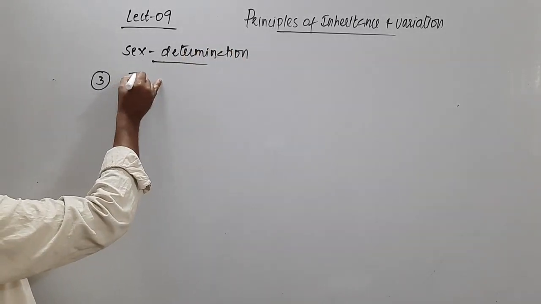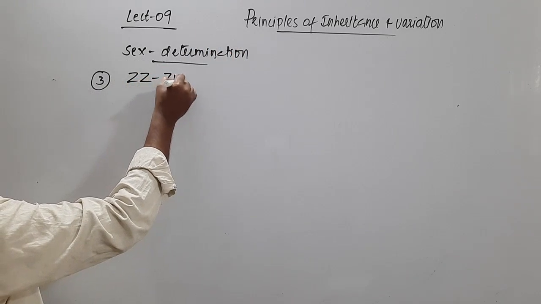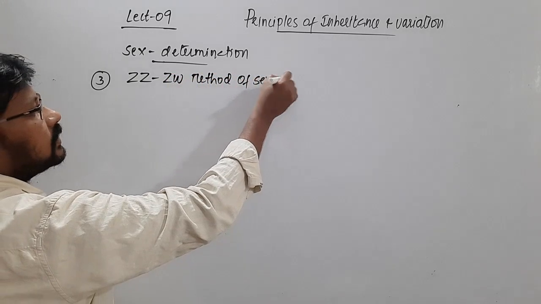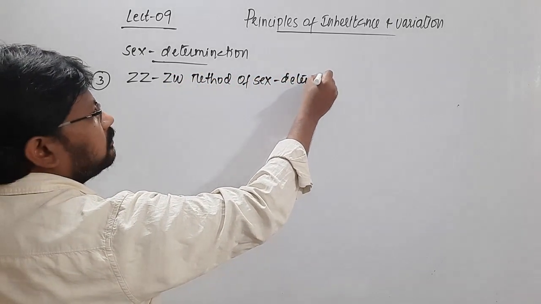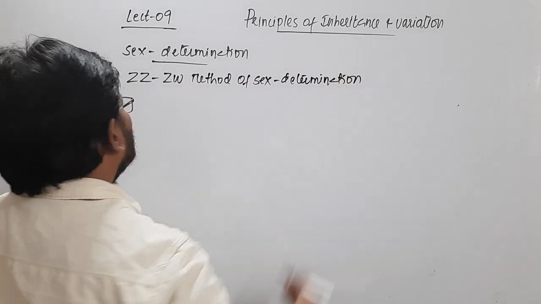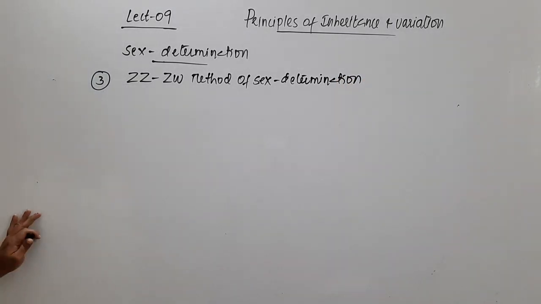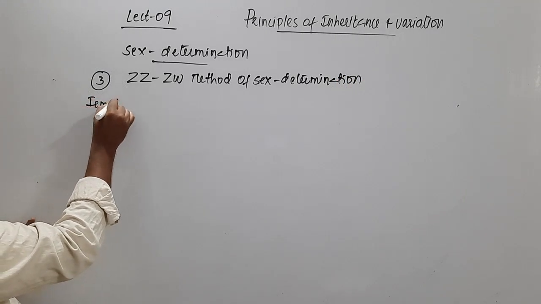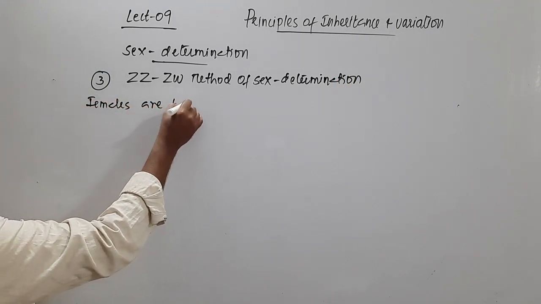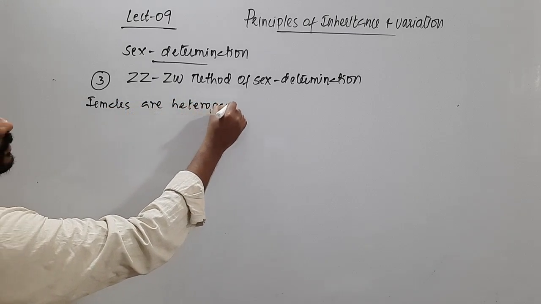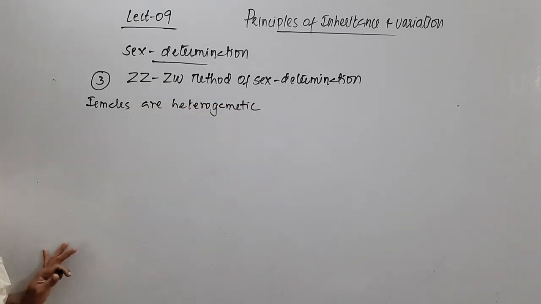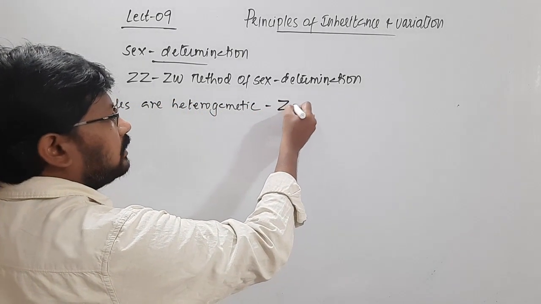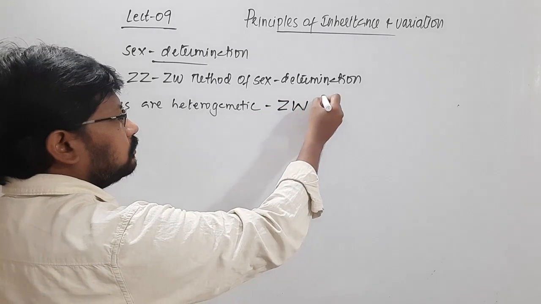So that will be the ZZ-ZW method of sex determination. In this case, the females are heterogametic. The females are heterogametic and they will be having one Z chromosome and one W chromosome.